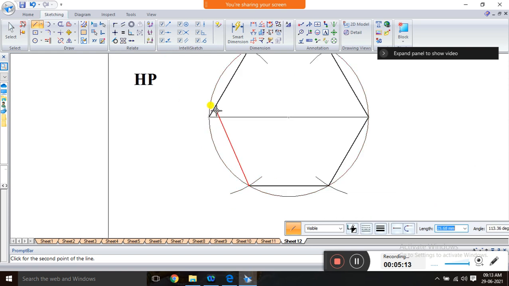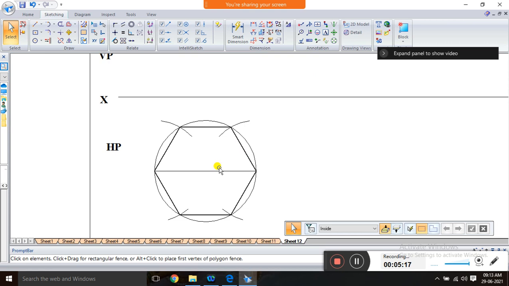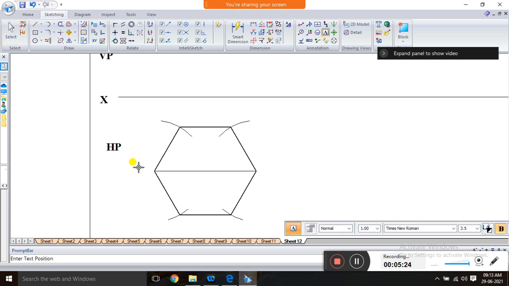So manually with the help of a scale and pencil you have to join, and once the construction is over you just remove the circle and go for the naming. You can call it A, and this one is B, and this is C, D, E, and one more, F. Here A and D is the diagonal.